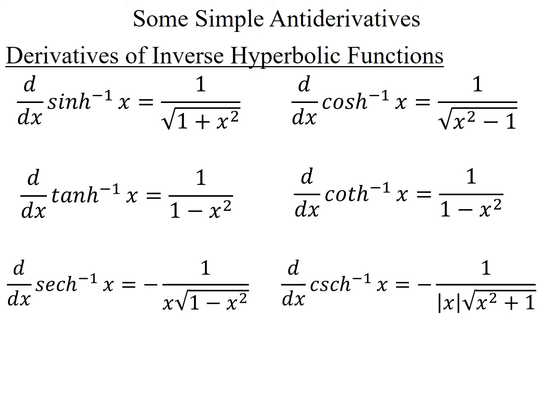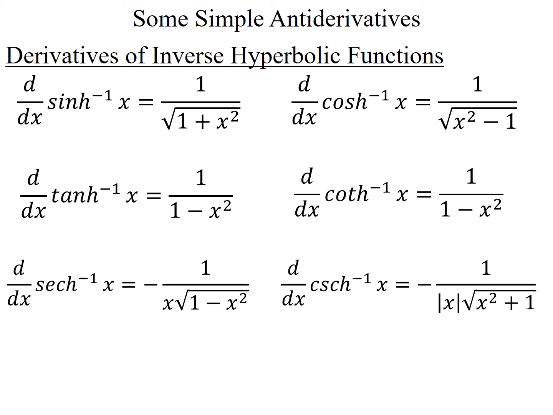For example, if there was a minus here in this first formula, the antiderivative would have been sine inverse. But what if you have a plus? I don't want you to be like, oh, then we don't have the answer. We do. It turns out to be hyperbolic sine inverse instead of regular sine inverse. So a lot of these formulas will look the same as the inverse trig ones.